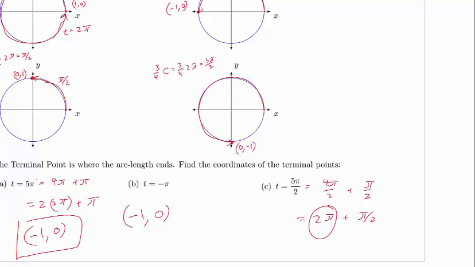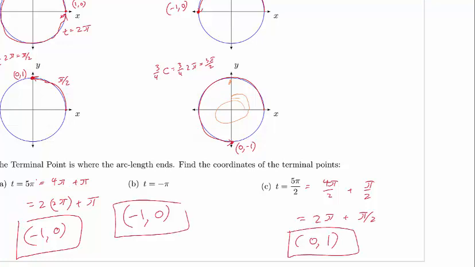So what does this 2 pi mean? This means we go around one full rotation. And this pi over 2, what does that mean? That means we go around 1/4 an extra. So let's go ahead and take a look at this. So we go around 2 pi, and then we go an extra bit right here, placing us up in the top point right here. And so that means we have an x-coordinate of 0 and a y-coordinate of +1. Alright? And that's it. That's our answer.